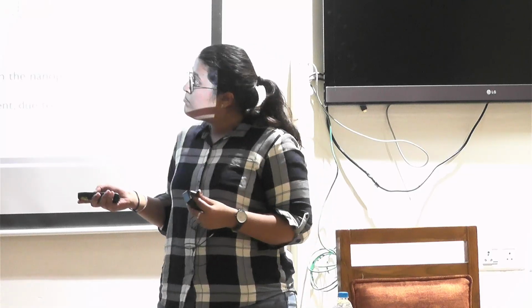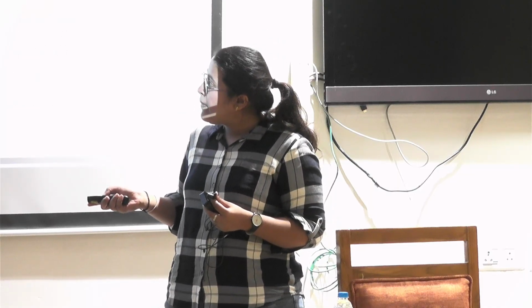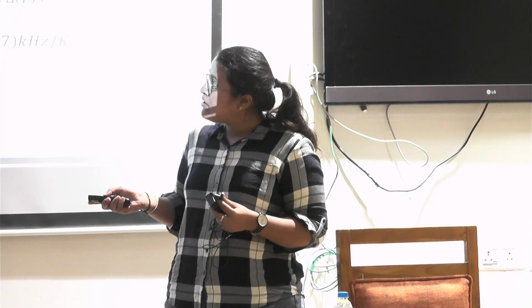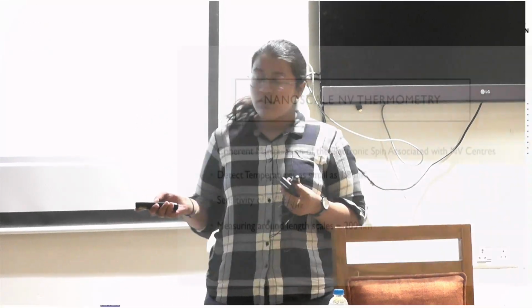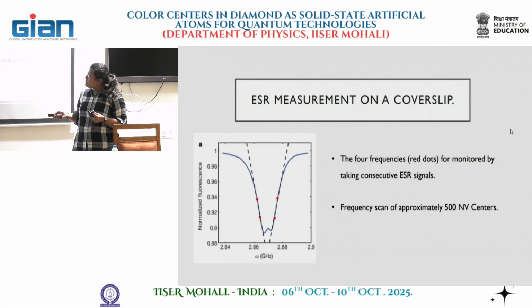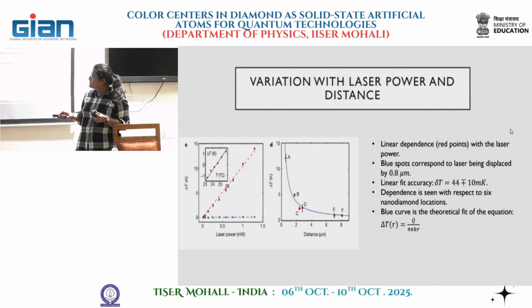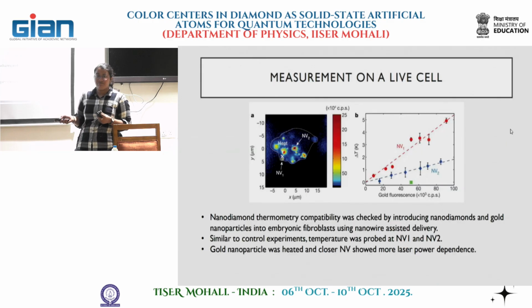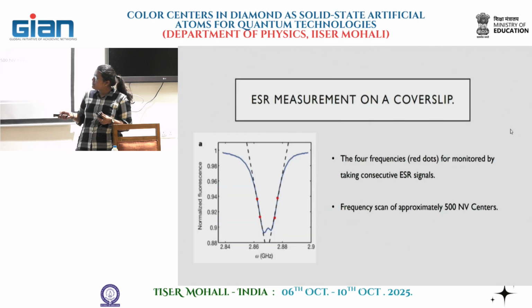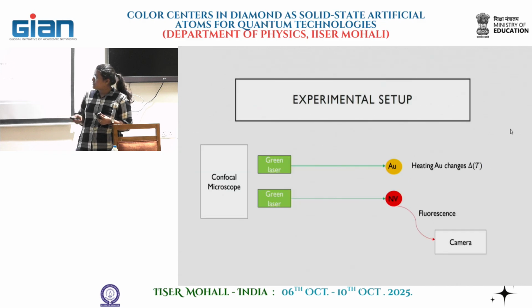So if you come back to the scheme that you had on the very first slide, the one with the gold nanoparticle, the experimental setup. Okay, this one. There is maybe something a little bit different.